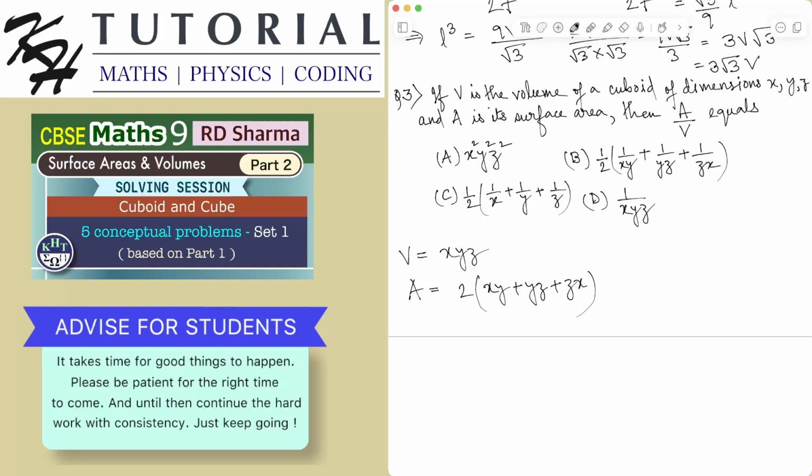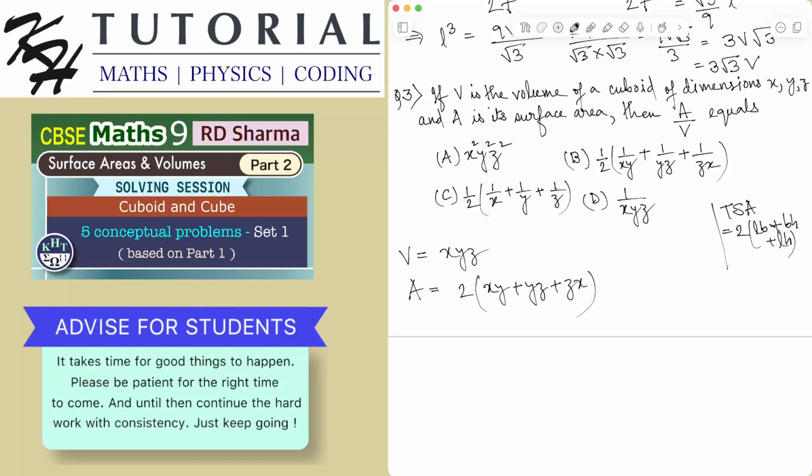So the surface area, we know the total surface area, that is TSA, which is given as capital A, is equal to 2 times the sum of the product of the dimensions taken 2 at a time, that is xy plus yz plus zx. The formula is actually, we know, TSA, total surface area for a cuboid, is 2 into LB plus BH plus LH.